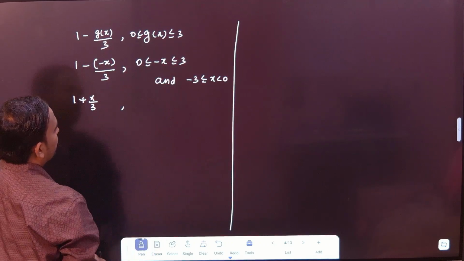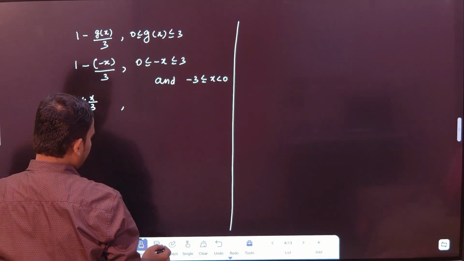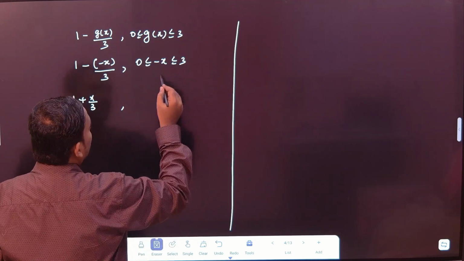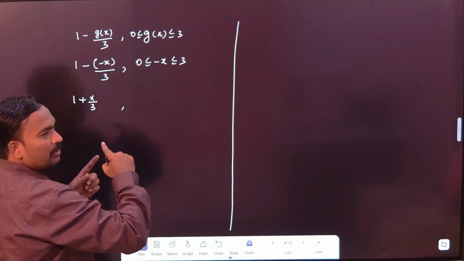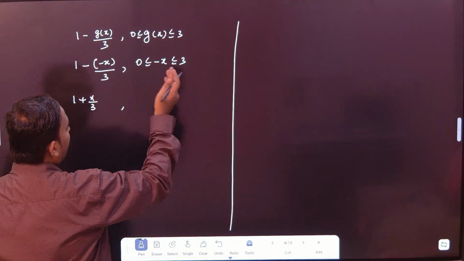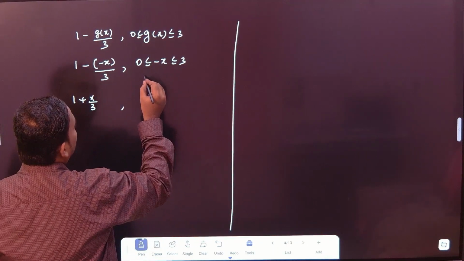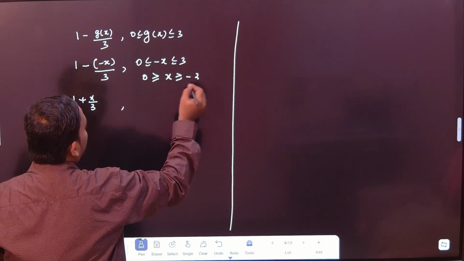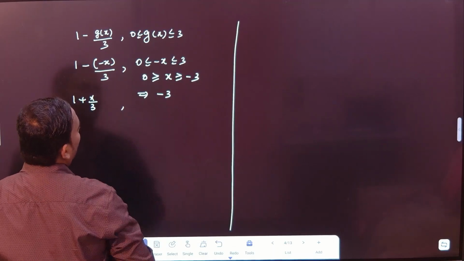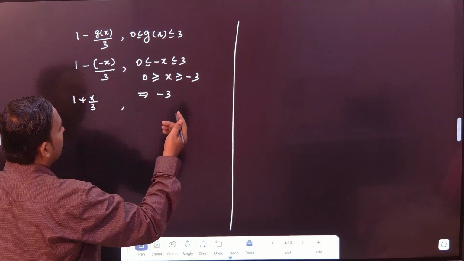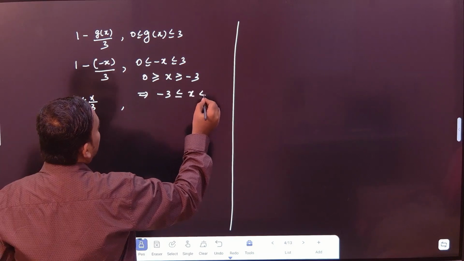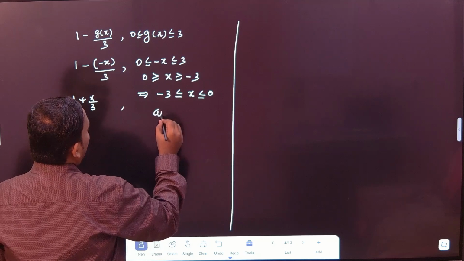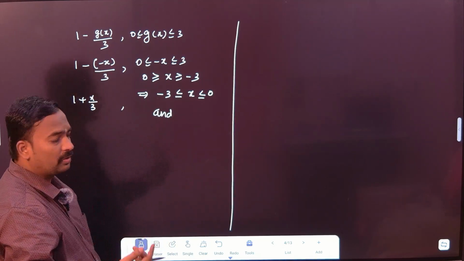Okay, now you can see the intersection. So first I will complete this one. So minus x is what? 0 to 3. First you need to find x, multiply by minus 1. What will we get? 0 is greater than or equal to x, which is greater than or equal to minus 3. So rearrange it, minus 3, right? When you multiply by a negative number, the inequality will be changed. Minus 3 less than x less than or equal to 0. Clear? Okay, so then, what about the condition g of x equal to minus x?